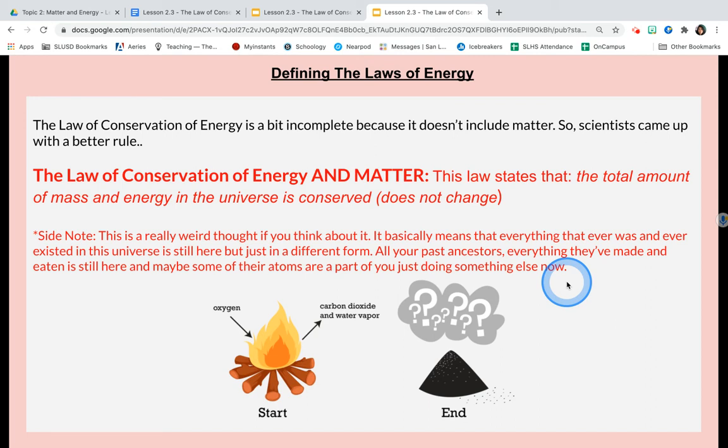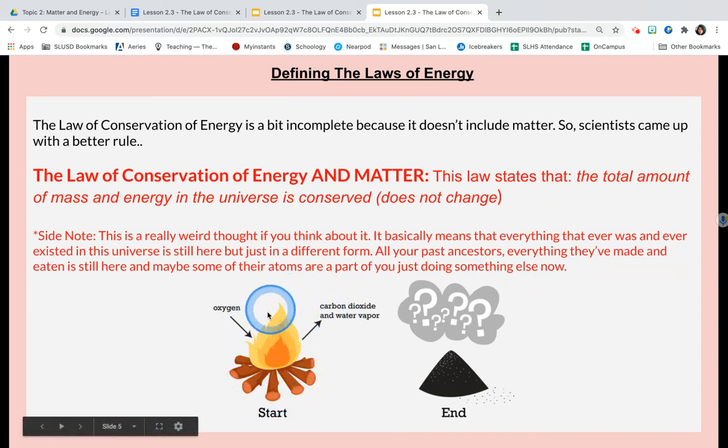Okay, so that is the main law you need to know, the law of conservation of energy and matter. Basically, nothing gets destroyed. What you have before is the same as what you have after. So if the mass of this campfire was 10 grams, afterwards, the mass of the ash and all the carbon dioxide and water vapor in the air will also be 10 grams.